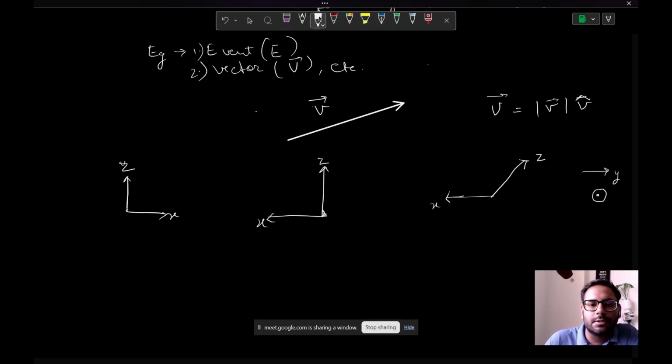This is my y-axis, and this is also my y-axis, and we can call the origin O everywhere.